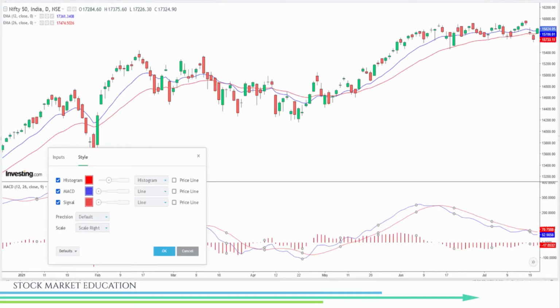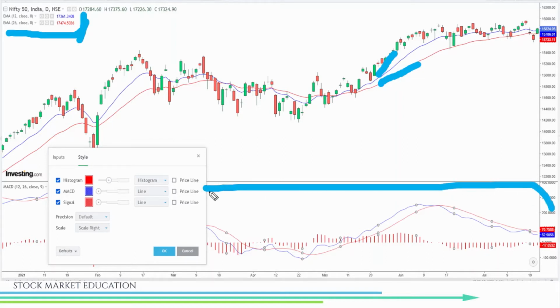Now this is an example, a screenshot of Nifty daily chart, and as here you can see, I have marked the 12 and 26 EMA. These two blue and red lines, the blue one is a 12 EMA and the red one is a 26 EMA. And what you see below is the histogram, the MACD indicator.